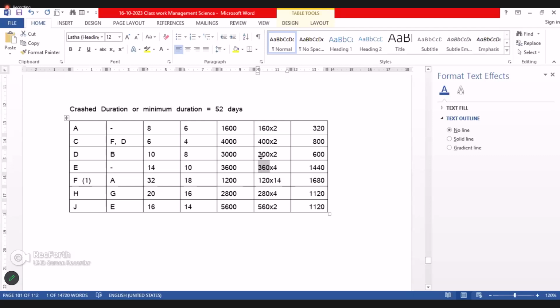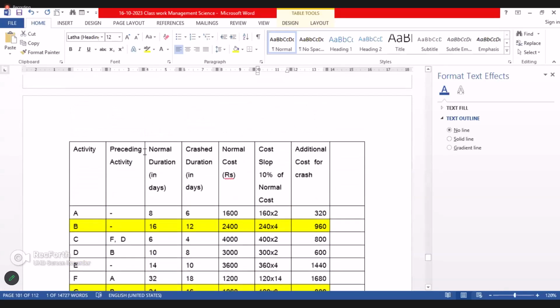Which is the highest cost slope? Look at the per day one, not the total. It is the lowest one, 120 per day.